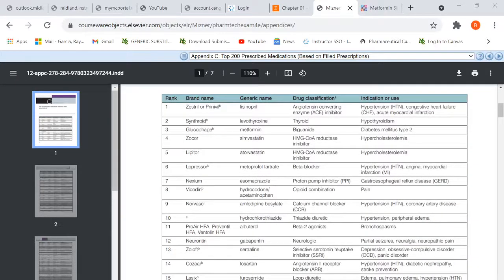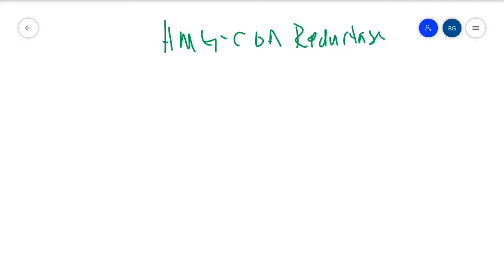Simvastatin, HMG CoA reductase inhibitor. All right, simvastatin, drug class HMG CoA reductase inhibitor, and that is for hypercholesterolemia.